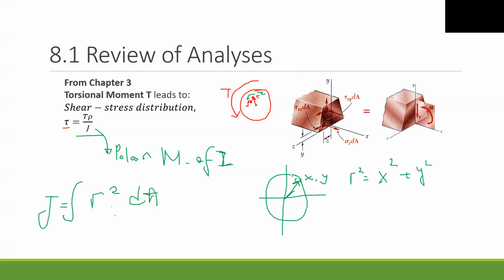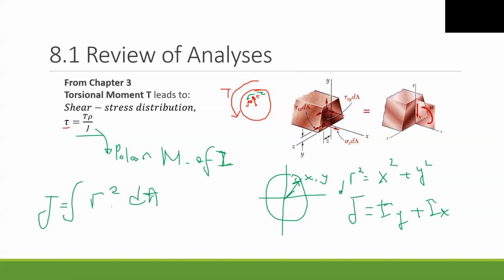Therefore, J is equal to Iy plus Ix. In other words, if you know the moment of inertia about the y-axis and x-axis, the polar moment of inertia is the summation of these moments of inertia.